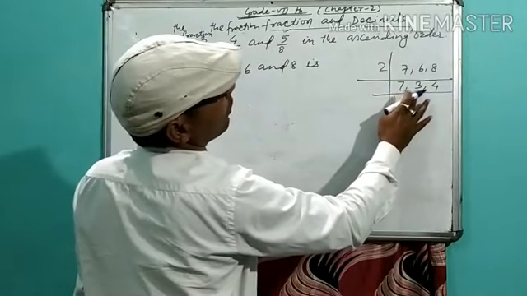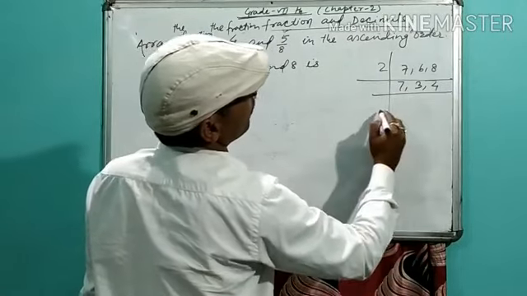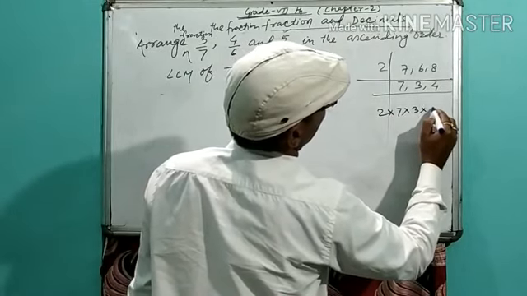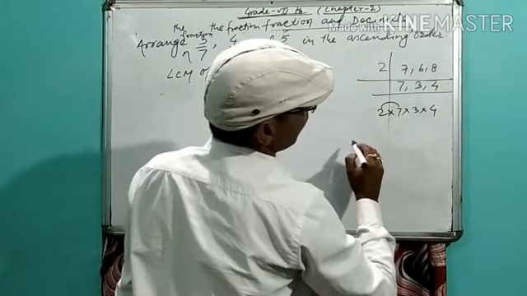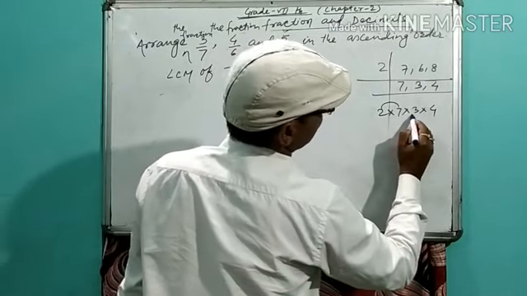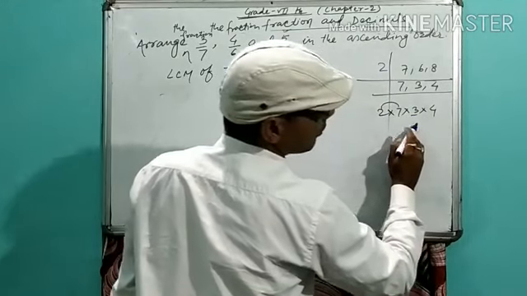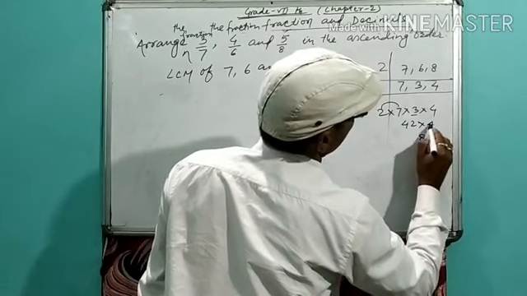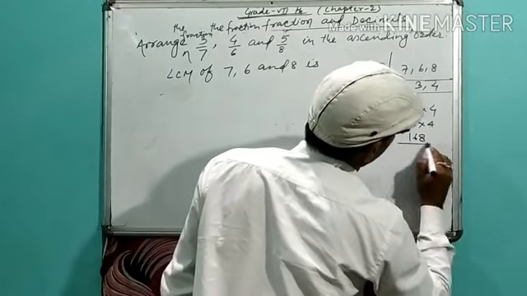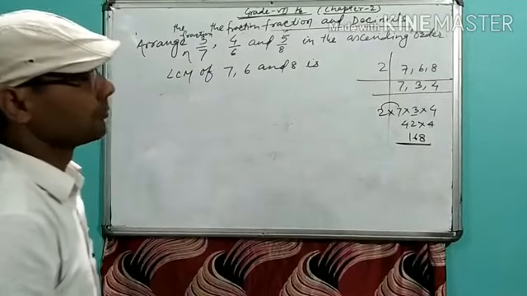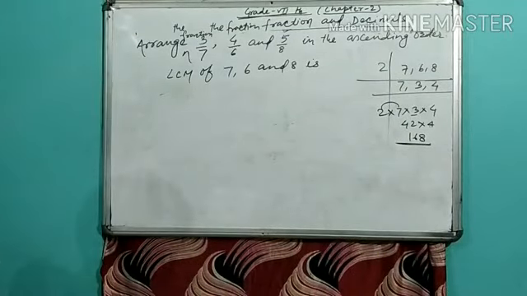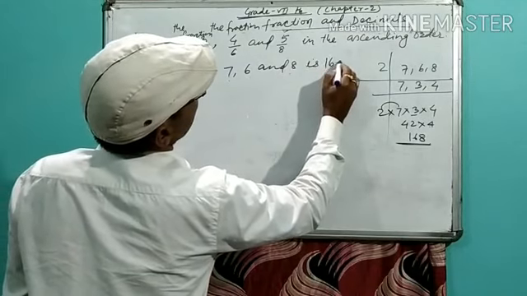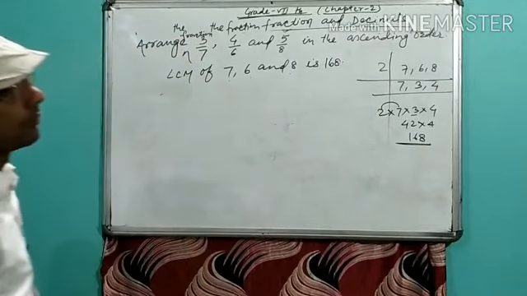Now all numbers are different, so you can multiply 2 into 7 into 3 into 4. 7 twos are 14, 14 threes are 42, 42 into 4 is 168. LCM of 7, 6 and 8 is 168. Clear?